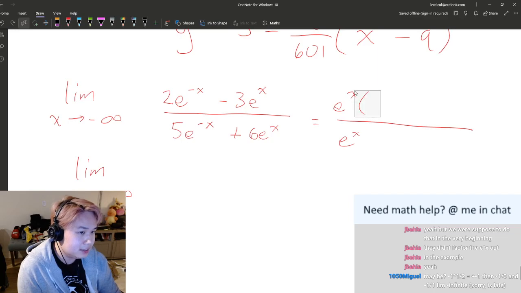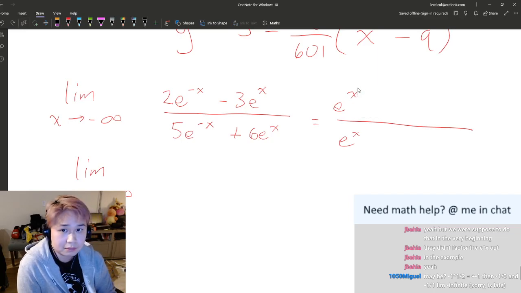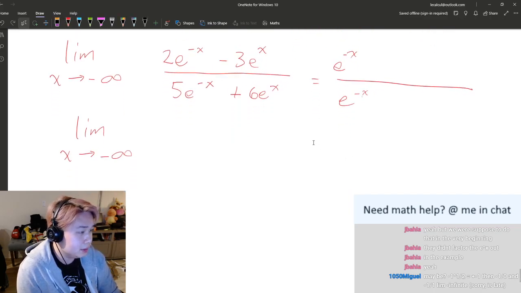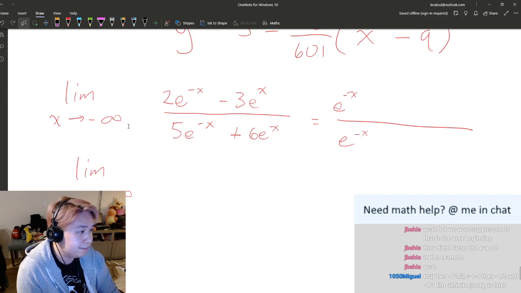What we need to do is we need to factor out a negative x instead. And it's similar logic. Because this is negative, and then you take this to e to the negative x, then this ends up being positive.